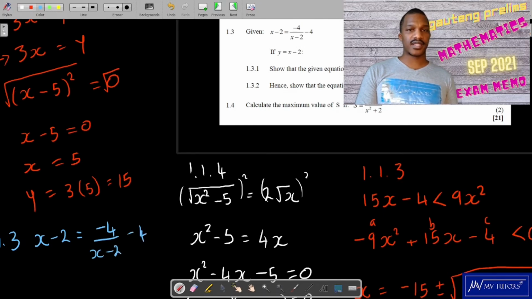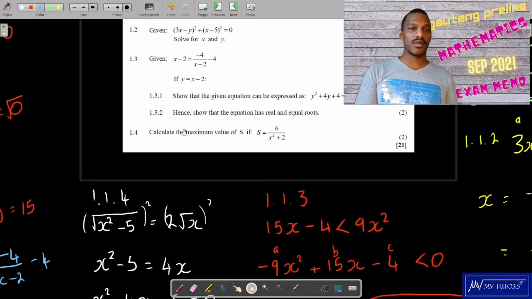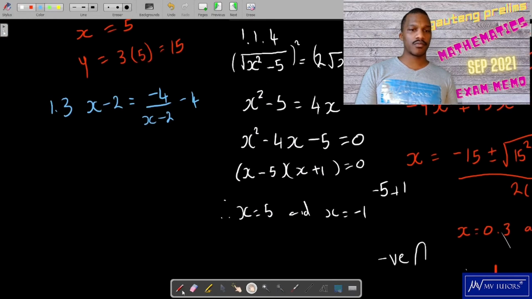And then they're saying where I have x minus 2, I must substitute that with y. So that becomes a y. We have minus 4, and we have x minus 2 there, so that becomes a y as well.